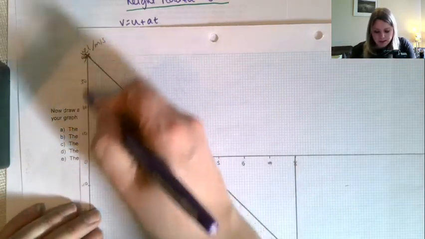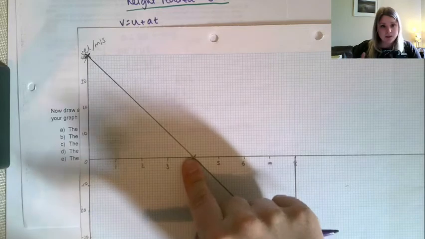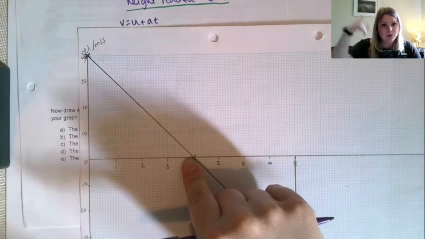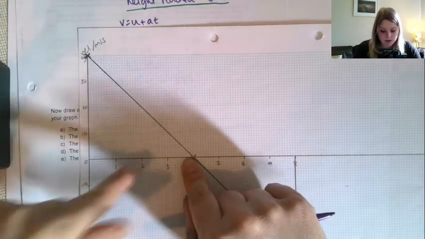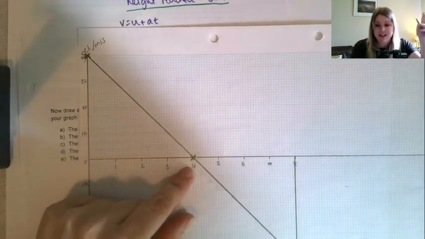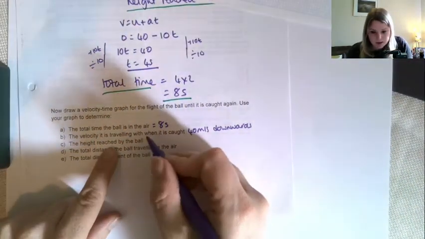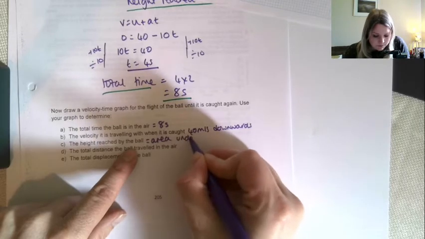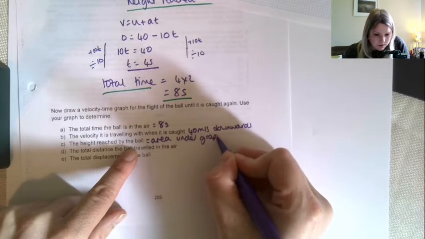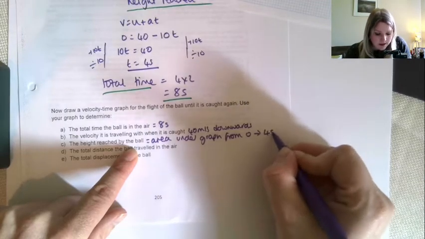So if we calculate this area from 0 up until 4 seconds, that's going to give us the displacement between those times. And that's going to be the total height that it's reached, because at 4 seconds it was at its maximum height. So the height reached by the ball is the area under the graph from 0 to 4 seconds.